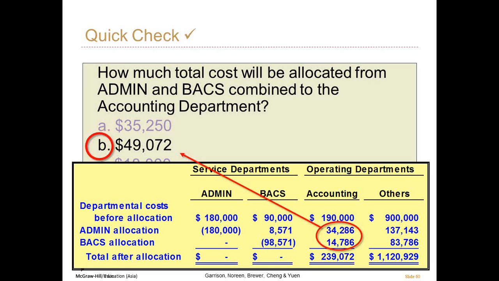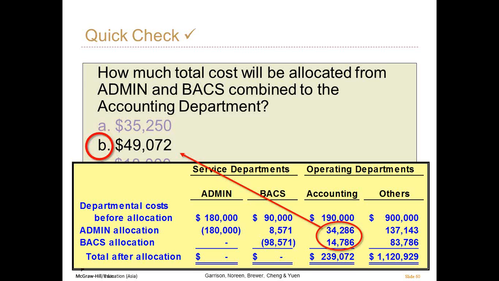For accounting, the allocation percentage is found by dividing 20 employees by 105 employees. Next, we multiply the allocation percentage times the service department cost. To allocate admin cost to accounting, we multiply the allocation percentage times 180,000 to get 34,286.